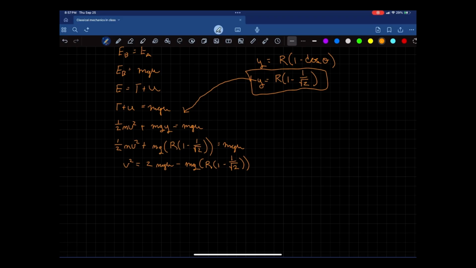Oh, I forgot I have an m here still, so this cancels out these m's. So then we get v squared equals 2gh minus g r times 1 minus 1 over the square root of 2. That's pretty much our equation for speed.